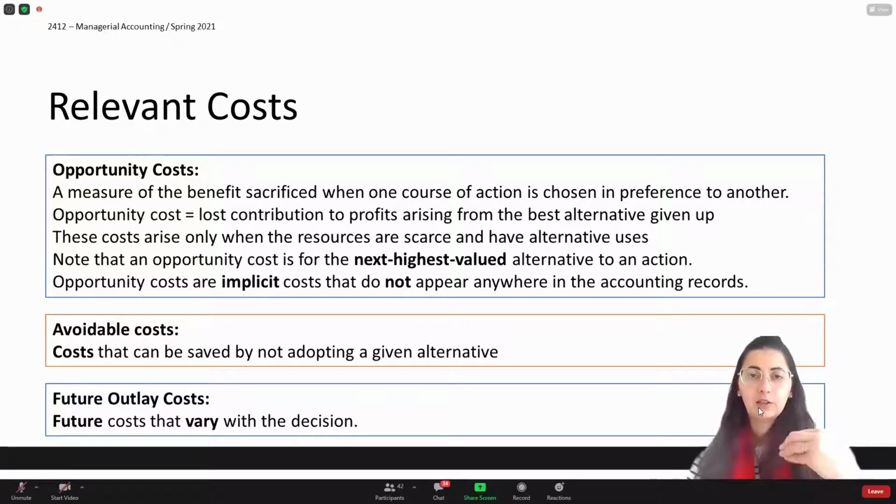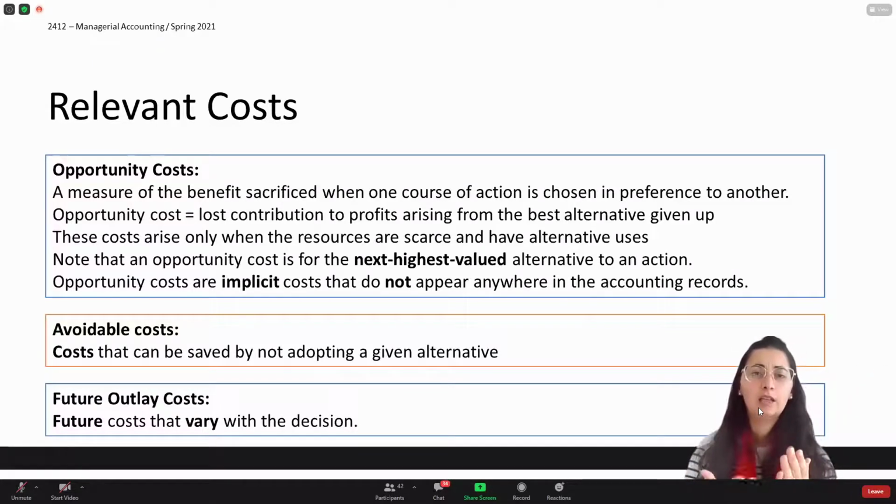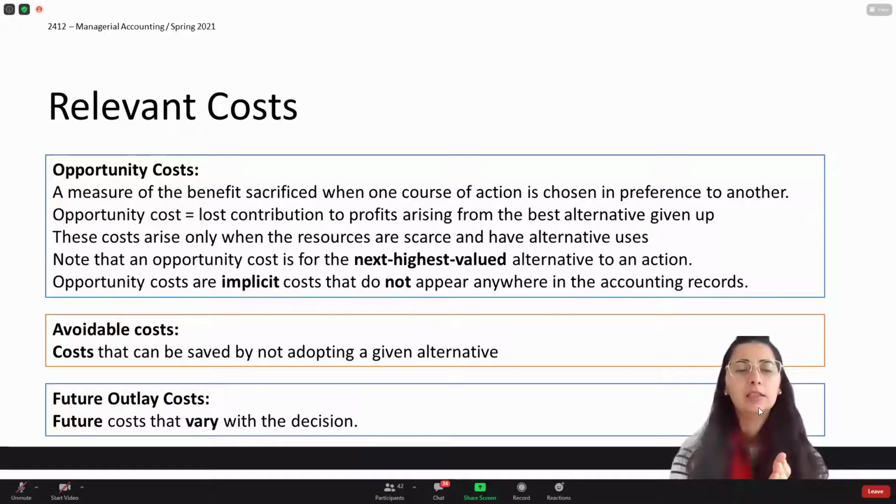So if I decide to produce and sell product A instead of product B, let's imagine product A requires a specific sales channel. Let's imagine I'm a restaurant, and if I sell product A, this requires delivery services.